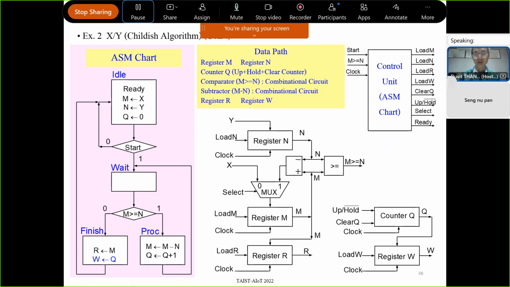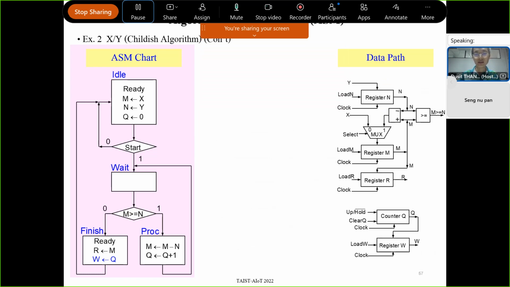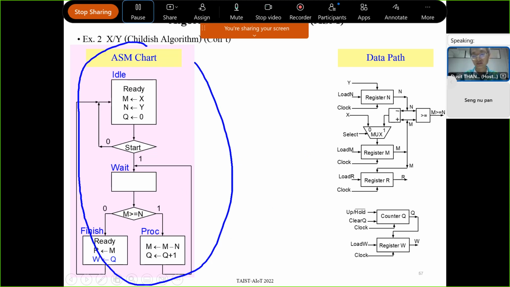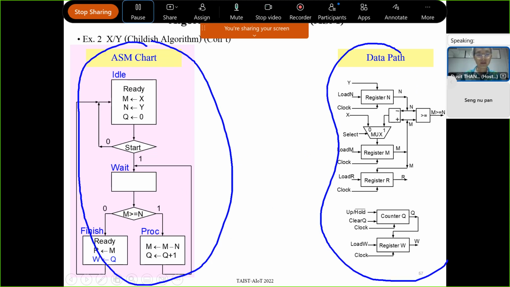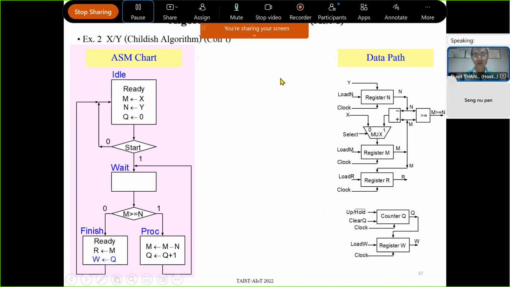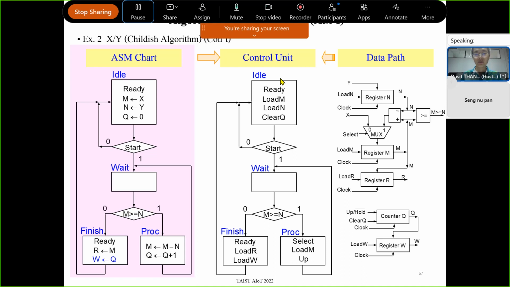Now to design the control unit, it's actually easy if you use this ASM chart. From the ASM chart and from the data path, you can write down the chart for the control unit easily.